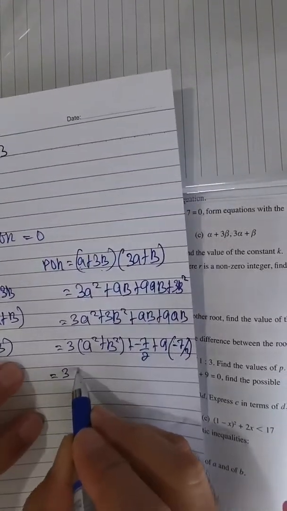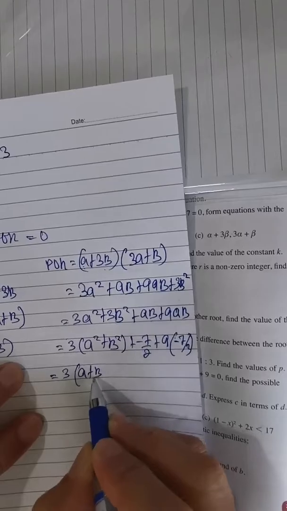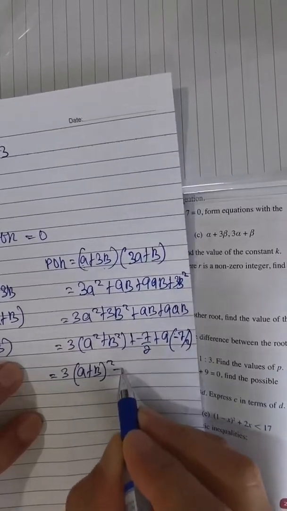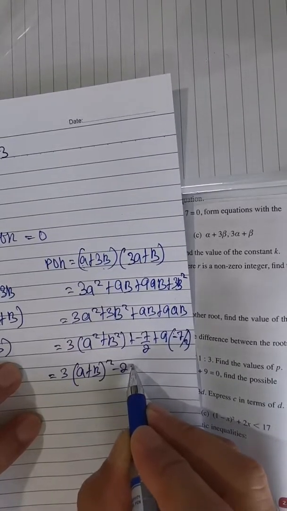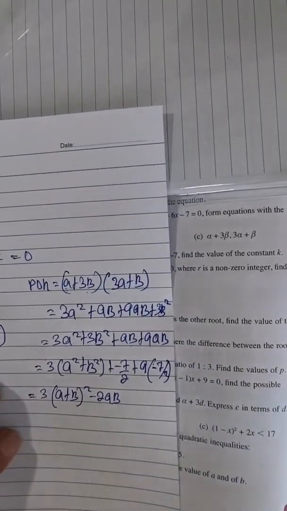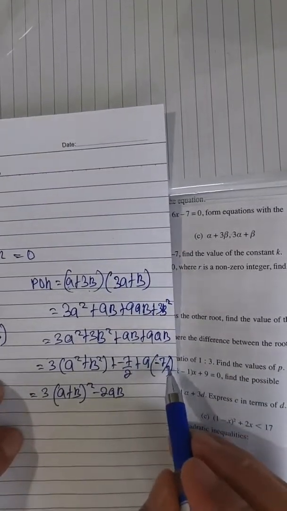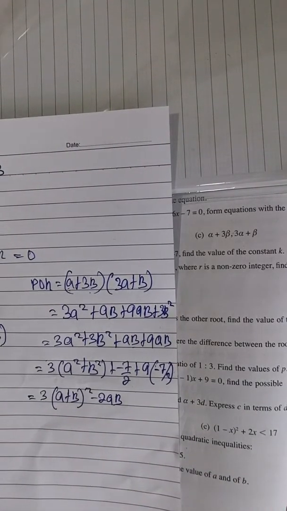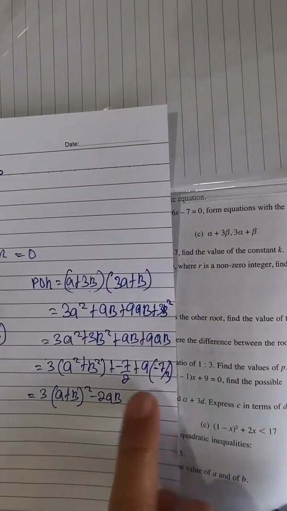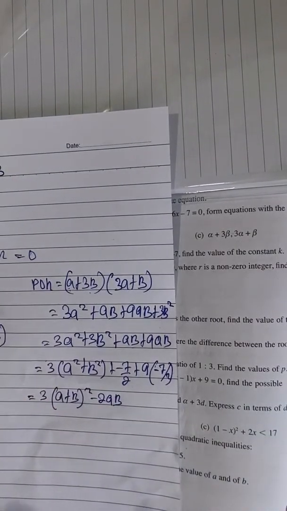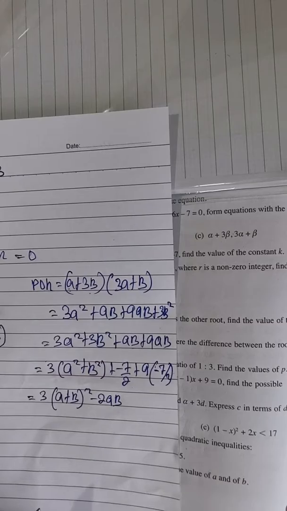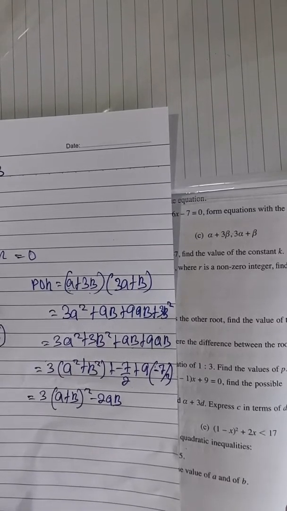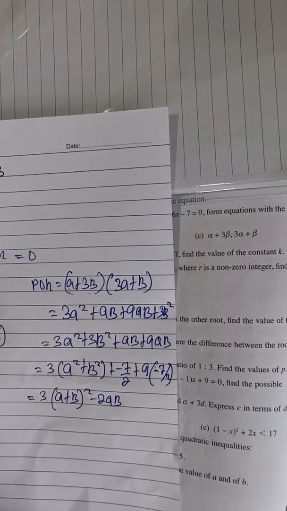So 3 times alpha plus beta squared minus 2 alpha beta. For this part, I just want to simplify immediately. If you choose to calculate later, it's also okay. But to save space, I'll calculate negative 7 over 2 plus 9 times negative 7 over 2.